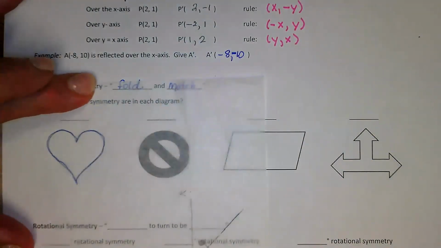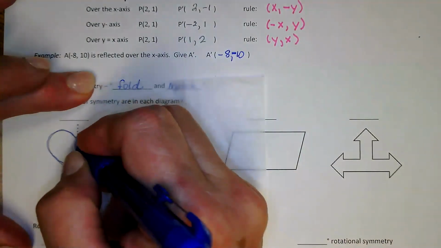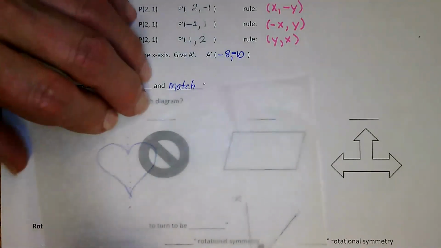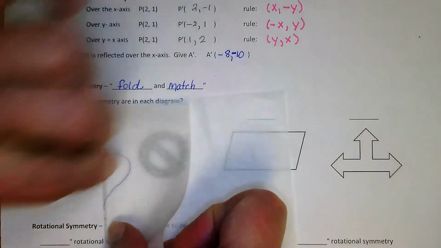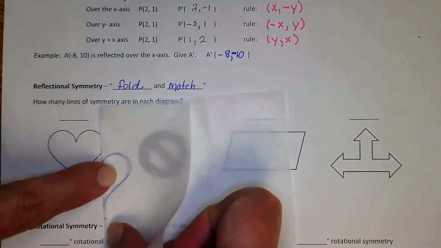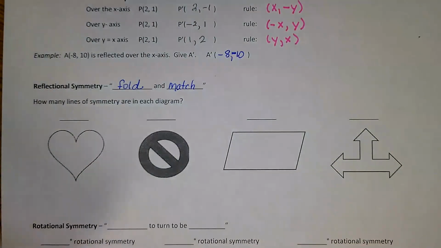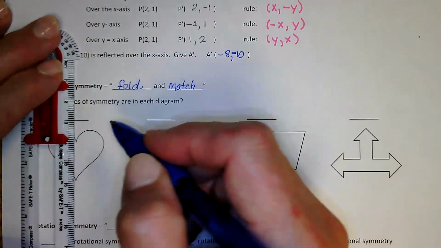Now, where can I fold this? And most all of you would tell me right down the middle. Well, that's the good thing about patty paper. Looky there. If I folded it, well, my drawing is not straight, but you can tell the picture matched up perfectly. So that is a line of symmetry.